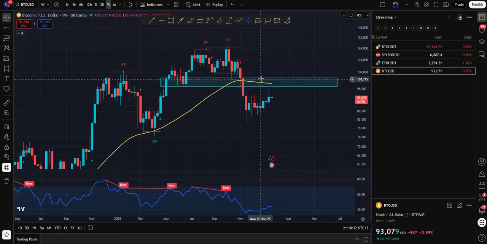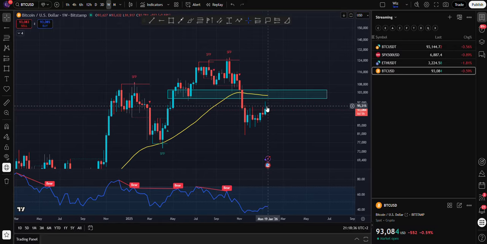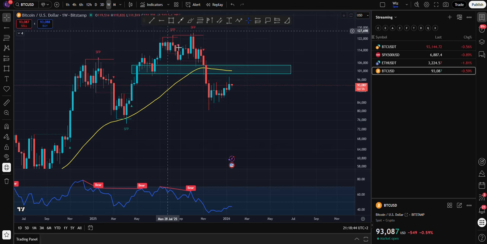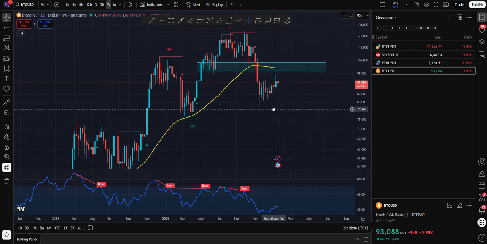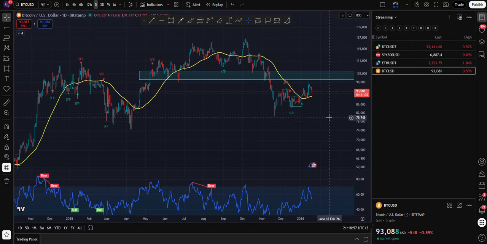That's a pretty heavy supply zone. If we are indeed in a bear trend, I don't think Bitcoin is going to pass through this unless we sweep the lows first. What else do we have? Let's move into smaller time frames.